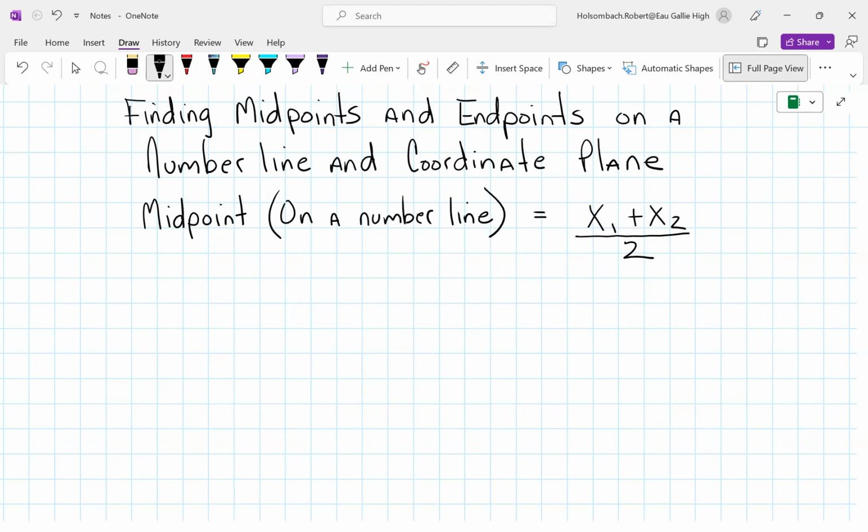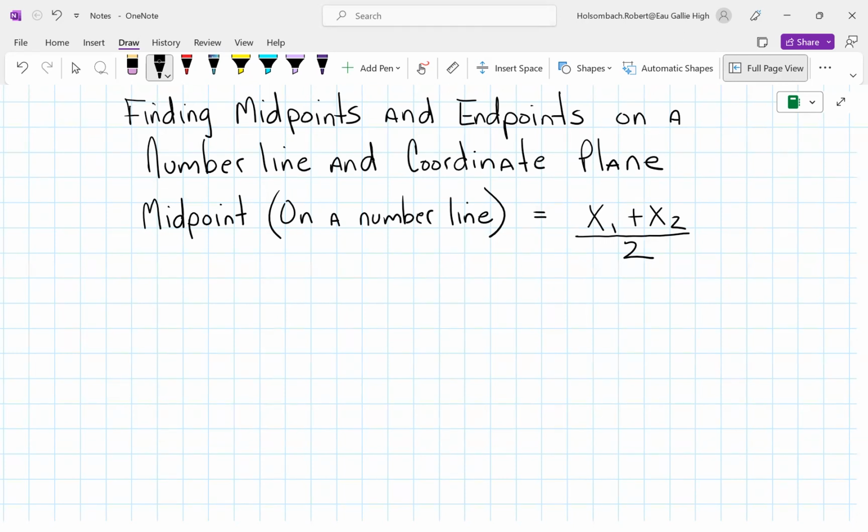If you're finding the middle of a segment, you add your endpoints together and you divide that sum by 2. It gives you the average of the points, right? Well, the average of the points will be the middle. Okay?